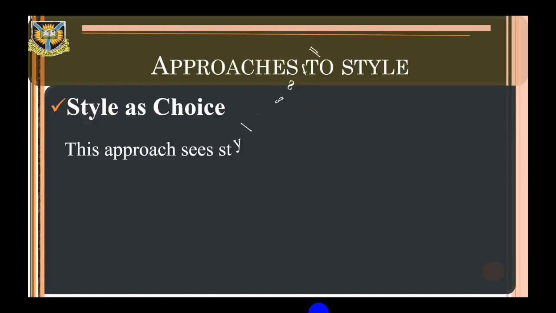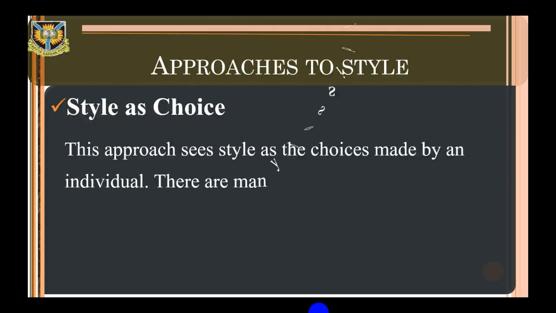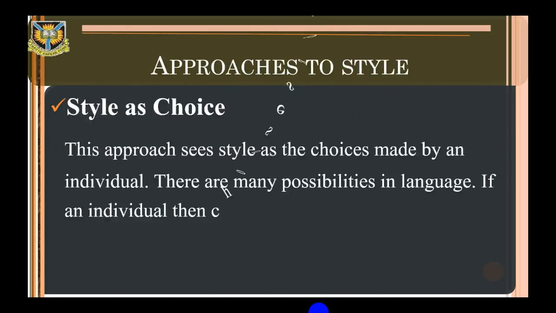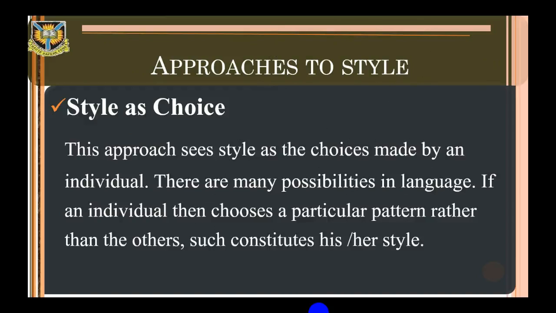Approaches to style. Style as a choice. This approach sees style as the choice made by an individual. There are many possibilities in language. If an individual then chooses a particular pattern rather than the others, such constitutes his or her style.